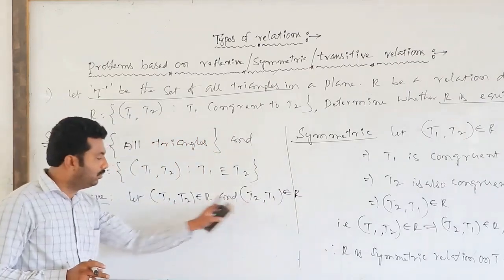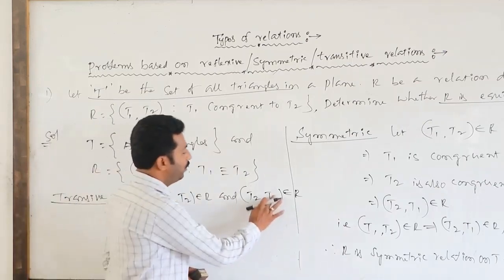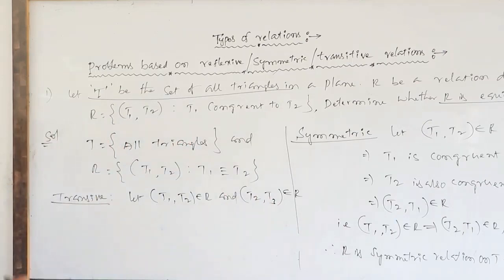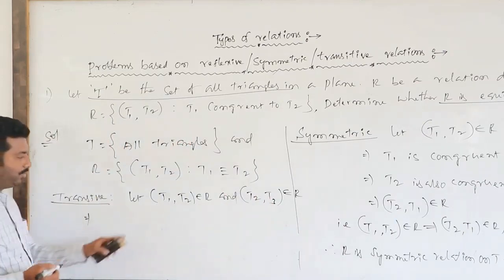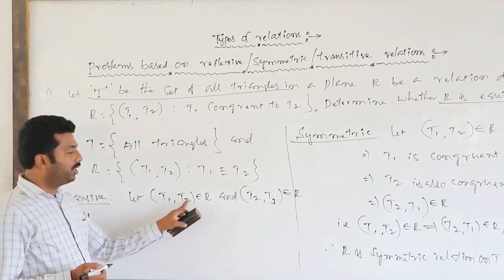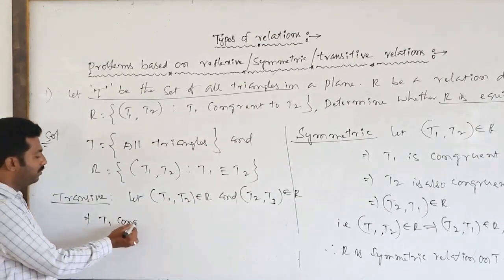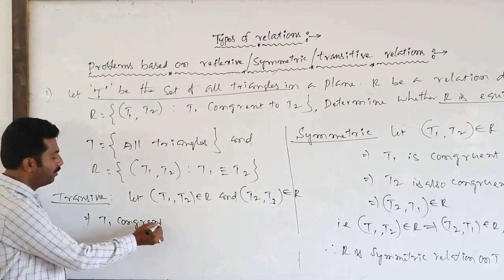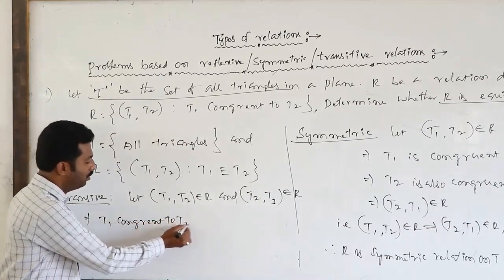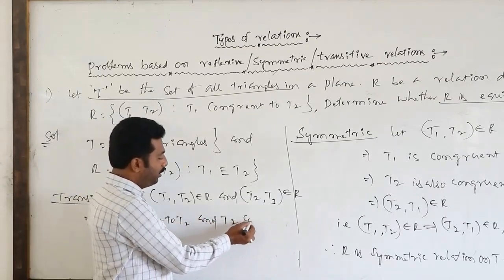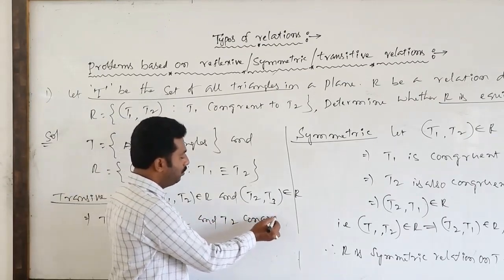So we have to verify whether (T1, T3) belongs to R or not. See here, what is our assumption? T1 is congruent to T2 and T2 is congruent to T3.